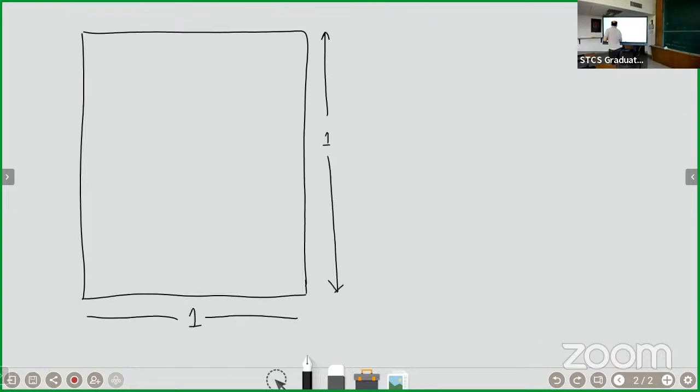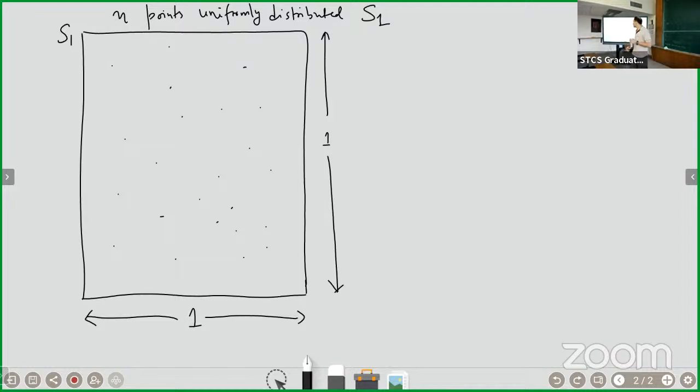It looks like this, and there are endpoints uniformly distributed, and call this S1. Endpoints located inside.